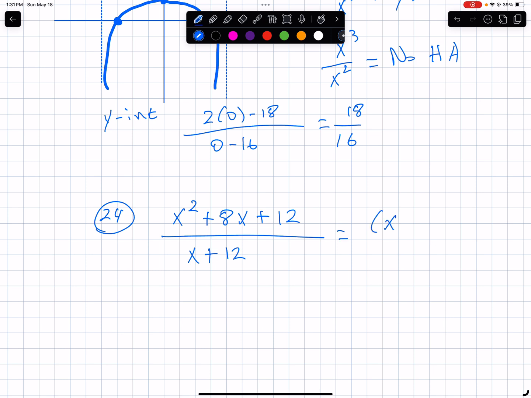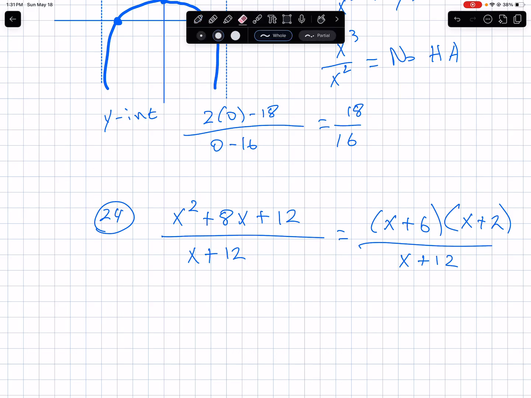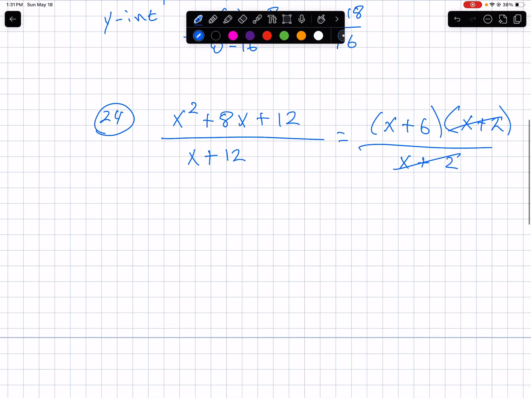So it's 6 and 2, x plus 6, x plus 2, over x plus 12. So if we think, oh, I read it wrong, over x plus 2, my bad. I was like, wait a minute. So the x plus 2's cancel, which means it's just a graph of a line then.